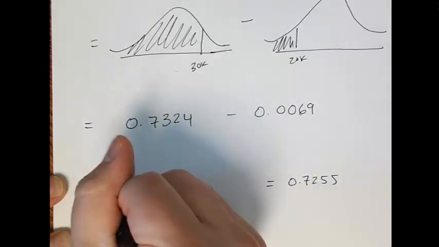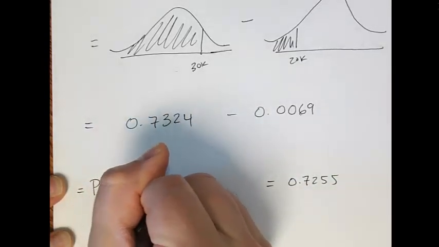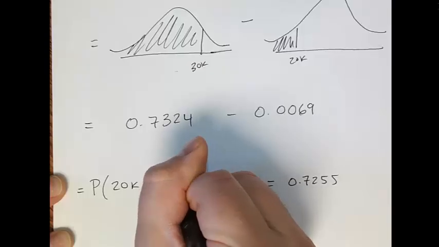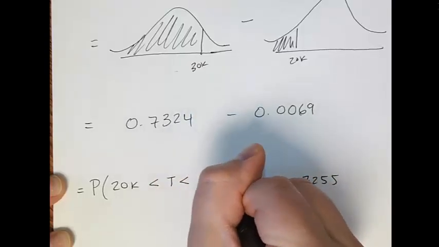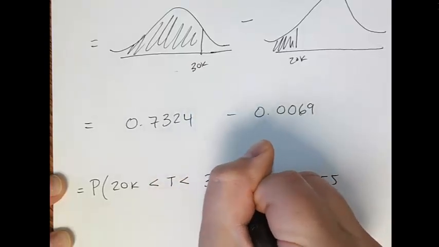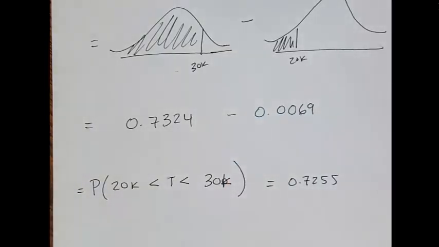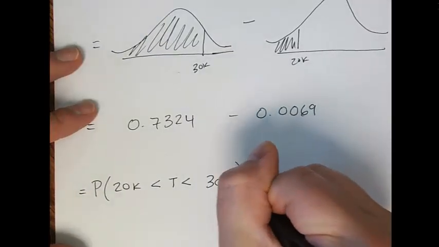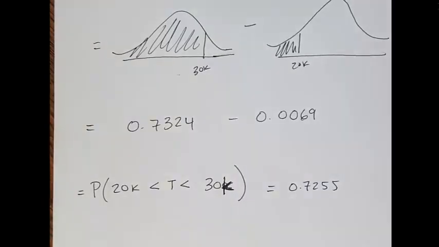For middle probabilities, 20,000 is less than T, which is less than 30,000, which, just to keep the notation, I'm going to put 30K. So with these probabilities, make sure it's less than, indicating that it is a middle probability.